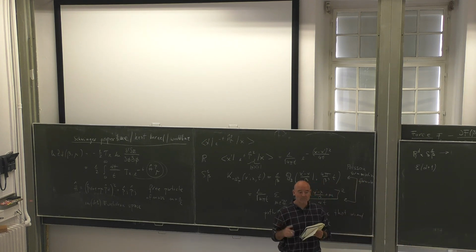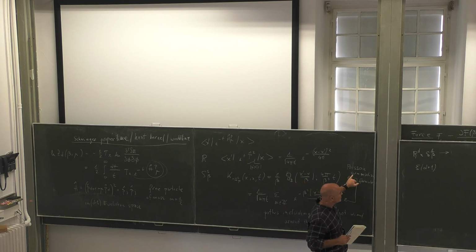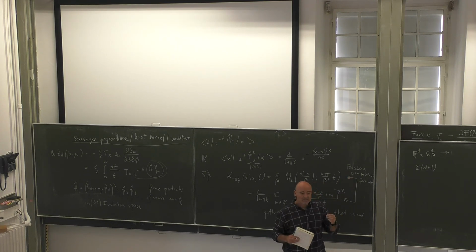More precisely, this method of computation tells you that the zeta function is the Mellin transform of basically a Jacobi theta function.